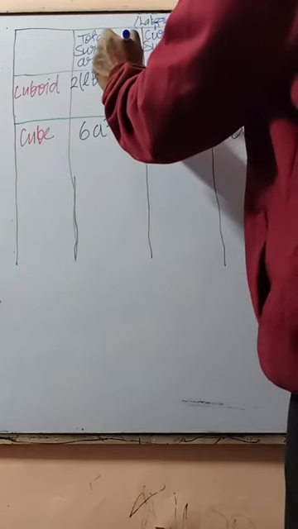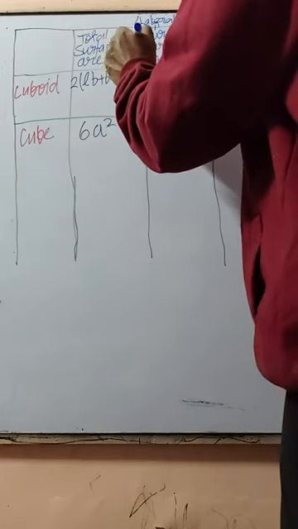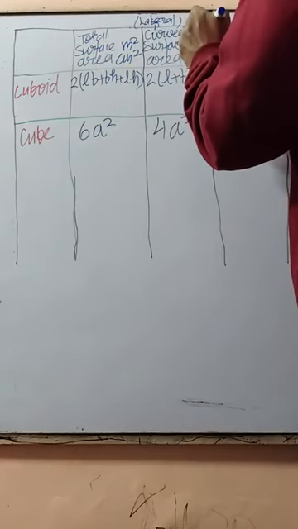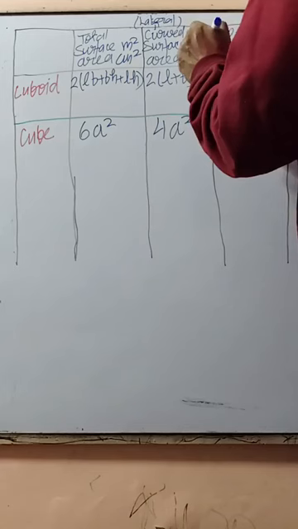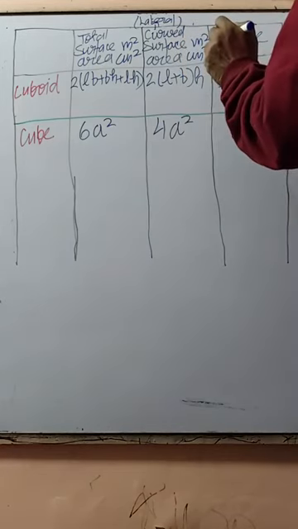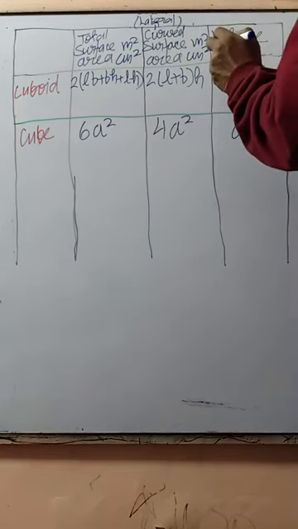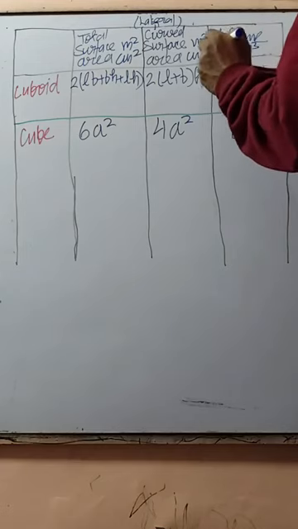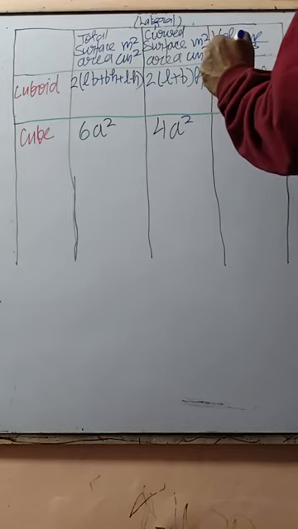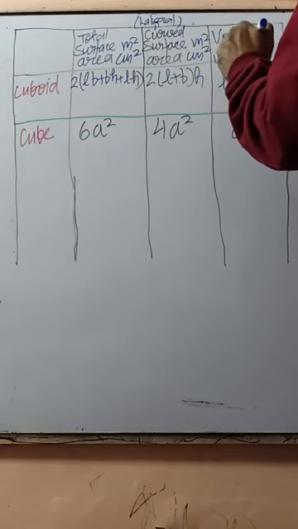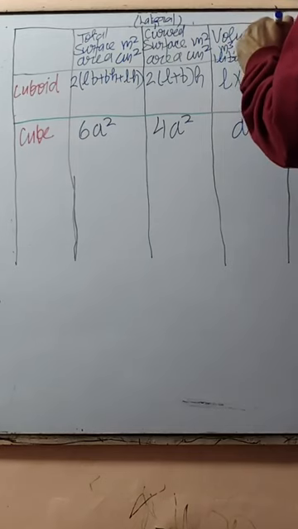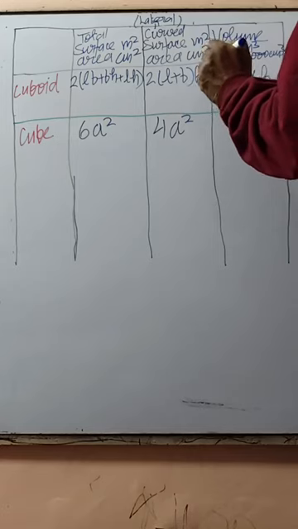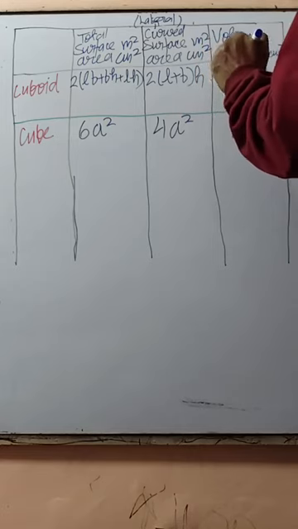These areas are in centimeter square or meter square, and the volume is in meter cube or centimeter cube, and 1 liter is equal to 1000 centimeter cube, or you can write 1 ml is equal to 1 centimeter cube, right?